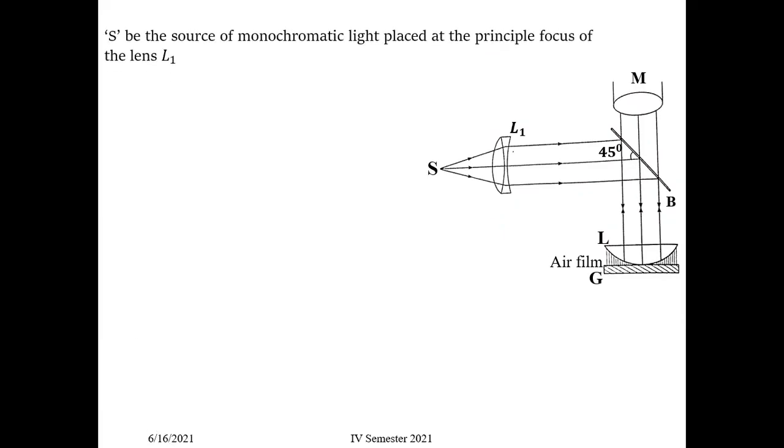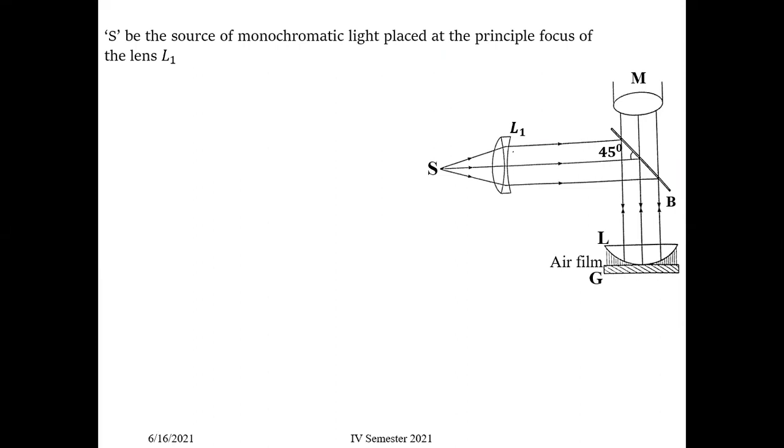See how you get the interference in this Newton's ring experiment. S is the source of monochromatic light. If you use monochromatic light, the interference fringes are alternate bright and dark concentric circles.